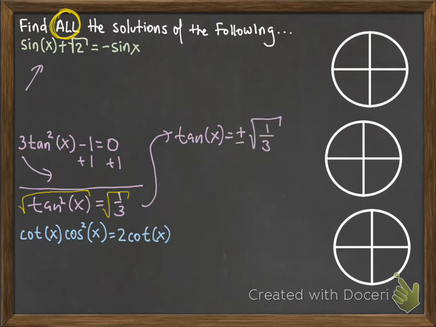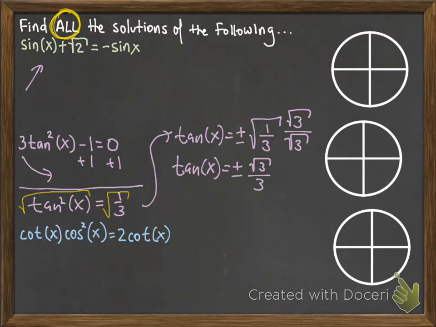Now, to rationalize this, we know that we don't like the square root of 3 on the bottom, so I'm going to multiply the top and the bottom by the square root of 3. And at the end of the day, our last step is going to be the tangent of x is going to give us plus or minus the square root of 3 over 3, which is great because that's a known value. So now we go to work.